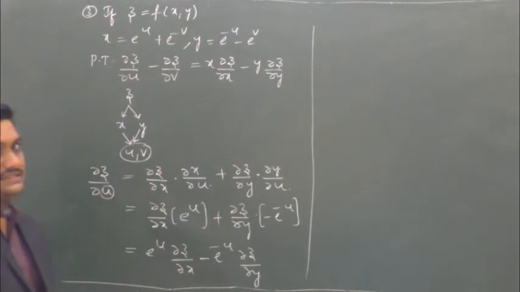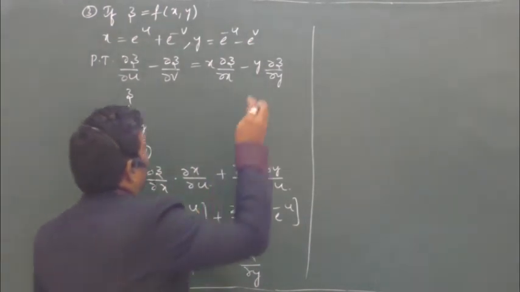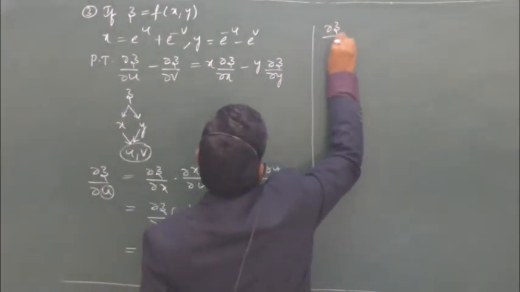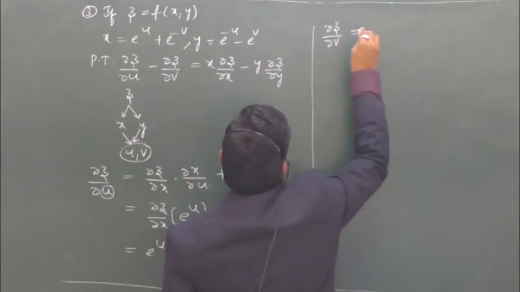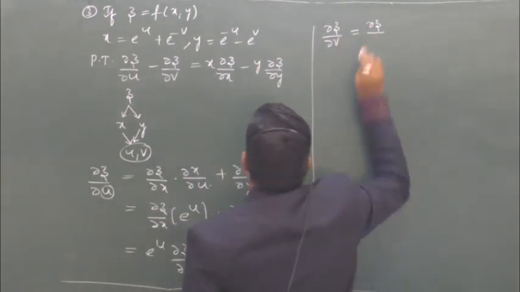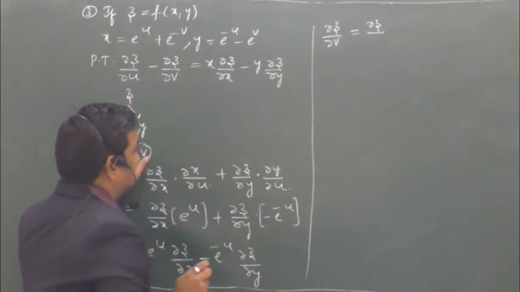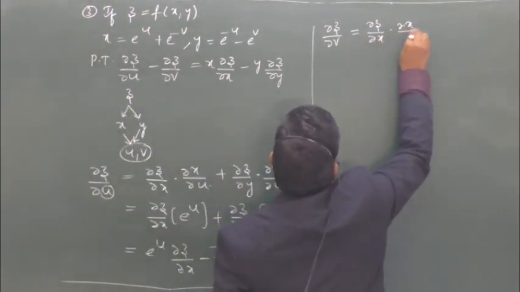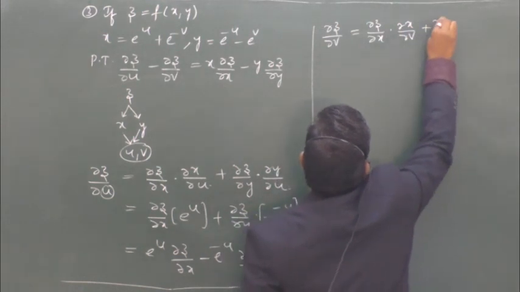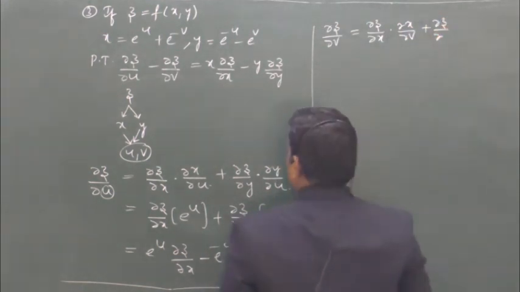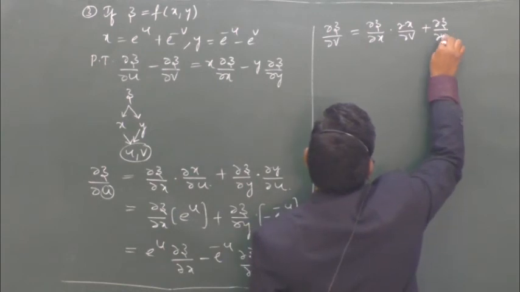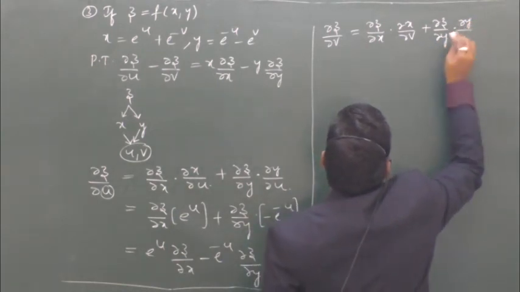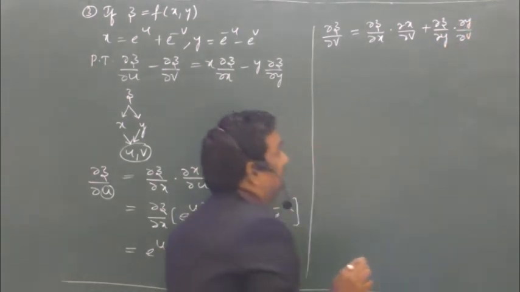Now let us start finding the other term, dou z by dou v. So this is equals to derivative of z with respect to first variable x, and derivative of x with respect to outside variable v, and derivative of z with respect to second variable y, and derivative of y with respect to outside variable v.